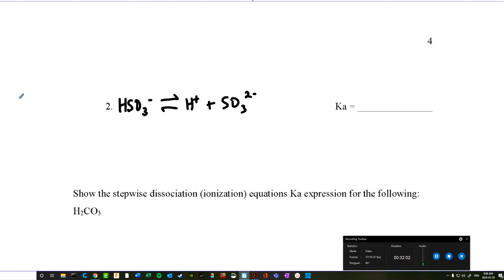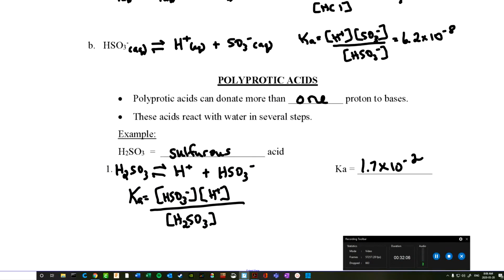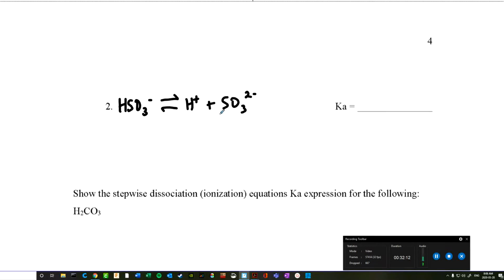And you can always look to your chart if you're not sure about charges for these, and you'll find them. So let's just go back and label this Ka1, and here we're going to label this Ka2. So this is the second step. And you basically just continue to do the steps until there's no more hydrogen to donate.